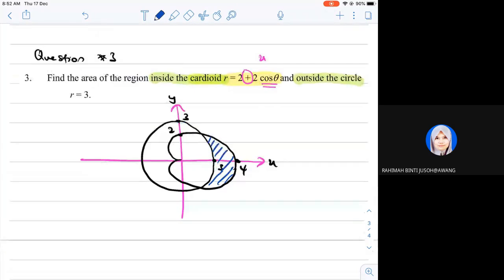Yes. Okay, so now the angle should be the intersecting angle. So the intersection between the two graphs should be here. Okay, and then here, they intersect. So we need to find what's the angle here and here.